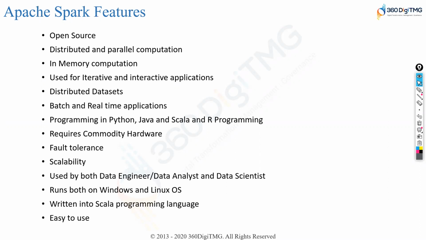This way the data is lying in memory, so you can very quickly access the data and get the processing done. That's the iterative and interactive part. Then the data set that Spark works on can be standalone or distributed as well. Yes, Spark can understand distributed data sets as well.